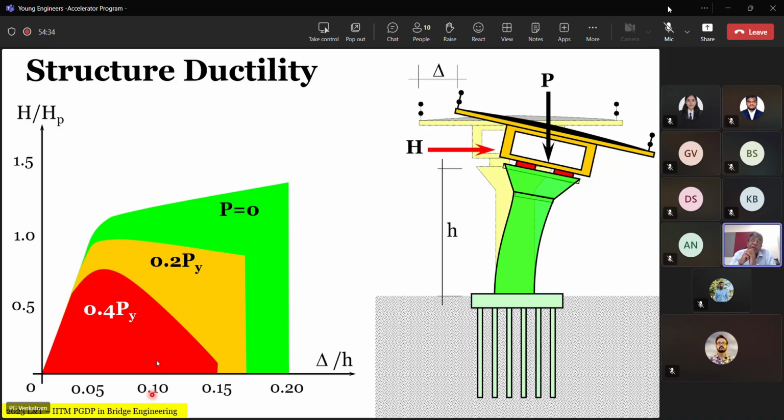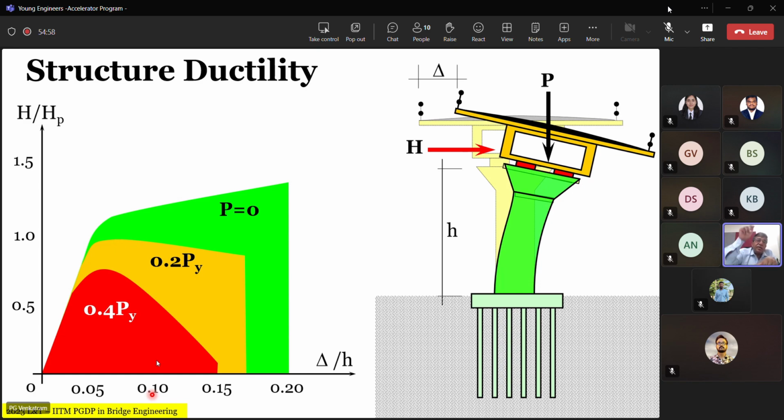Under what circumstances will this happen? See, Py is the yield capacity of the section. So when the applied load P is 0 times Py, you have the highest structure ductility.